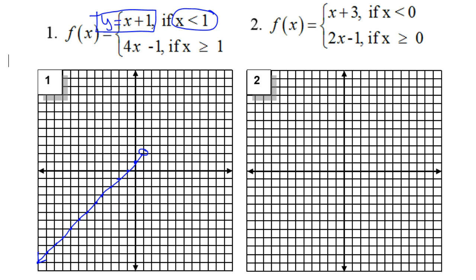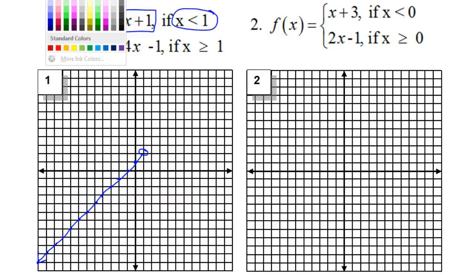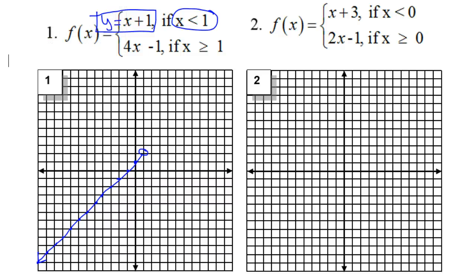Okay, now I'm going to switch over and graph the second piece of this piecewise function. So I've got y equals 4x minus 1. If I'm graphing that, I'm going to start at -1, which is here. And I see this 4. This is like 4 over 1.